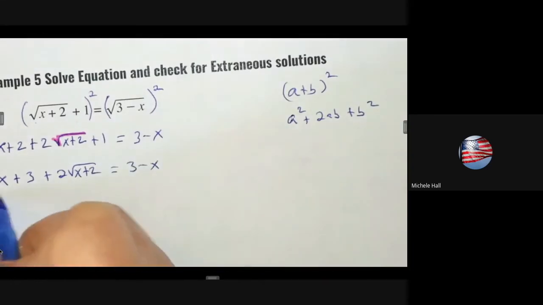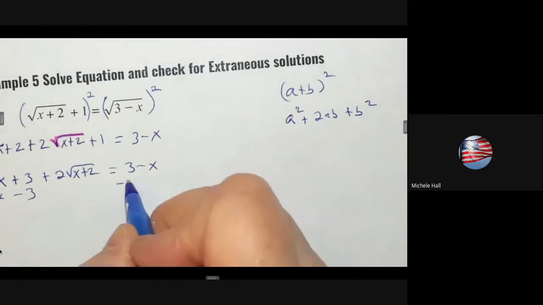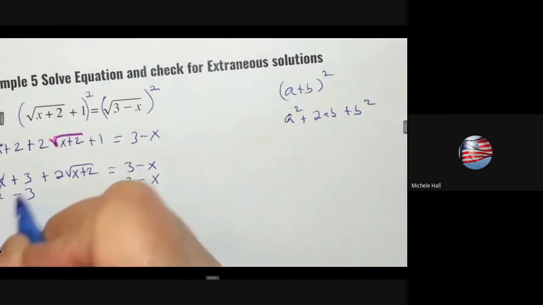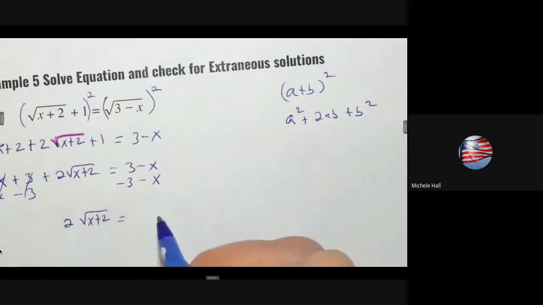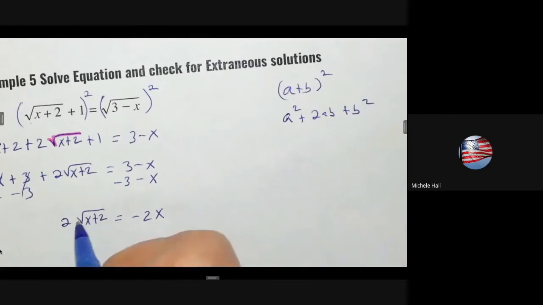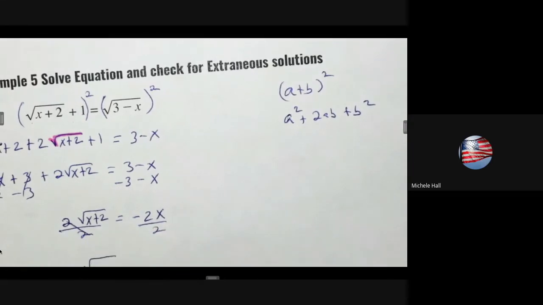I'm going to shift the x and the 3. And we have 2 square roots of x plus 2 equals negative 2x. Finish by undoing the multiplication that's here. Undo multiplying with dividing by 2. And we have the square root isolated.